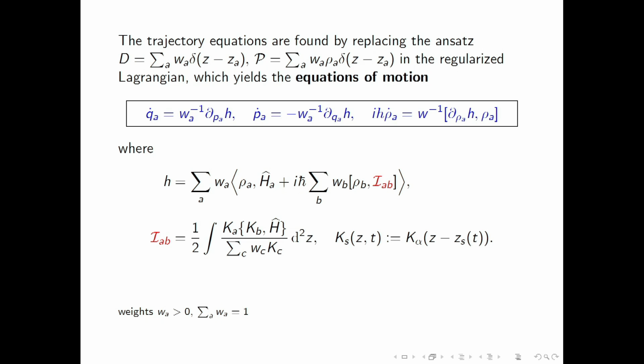And we can also see that there is a function A_ij, which basically correlates all the different particles. This function is given by a phase space integral over the Poisson bracket of the kernels and the Hamiltonian, and it carries the summation of the kernel functions in the denominator.